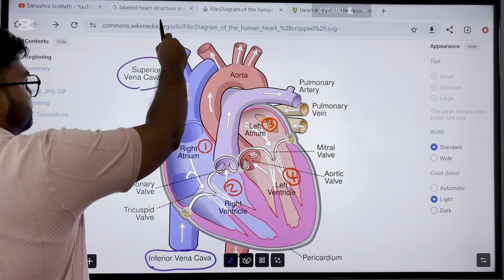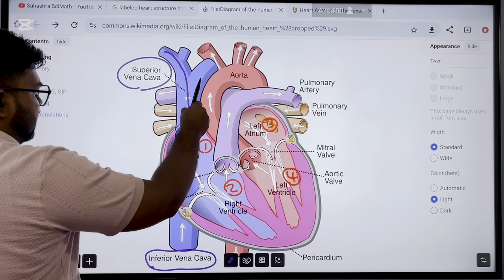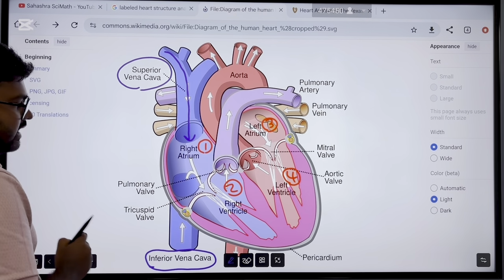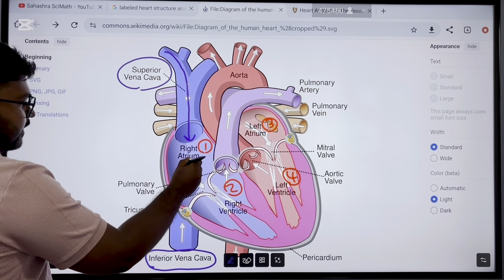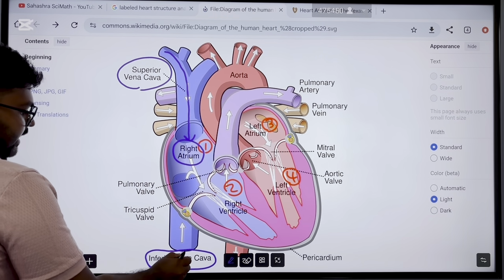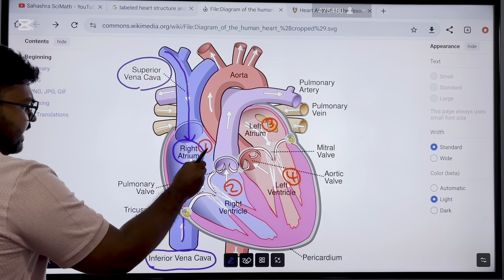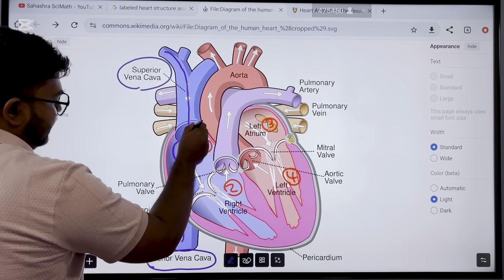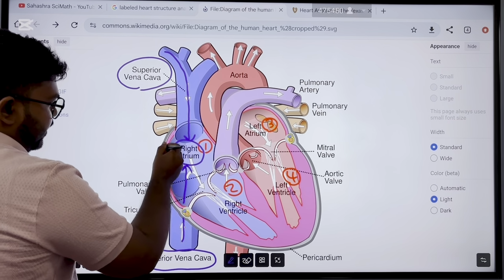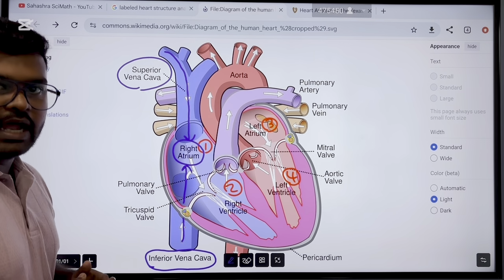So remember, the superior vena cava drains the head and neck and upper limbs into the right atrium, and the inferior vena cava drains the lower limbs and the trunk into the right atrium. From both, deoxygenated blood enters the right atrium. That is the first thing you have to remember.